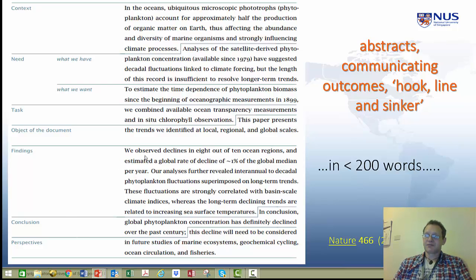What did they find? And this is a very positive finding in that sense. 8 out of 10 ocean regions, actually maybe a decline of 1% per year. And the conclusions and the perspective, the implications, if you will.